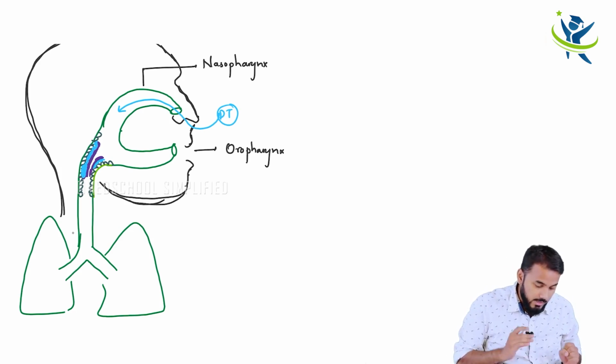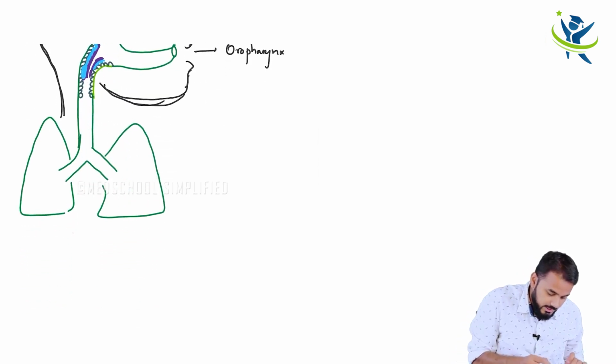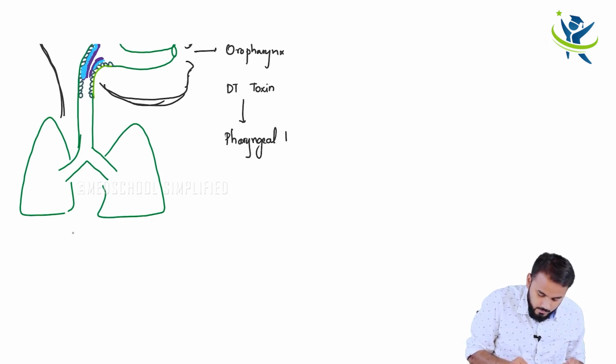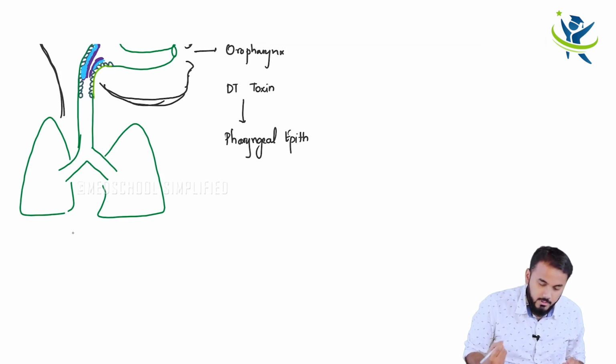So right now my patient is having, look here, let me just mention it. Patient got affected with DT toxin, and this DT toxin entered where? It attached to my pharyngeal epithelium, right?